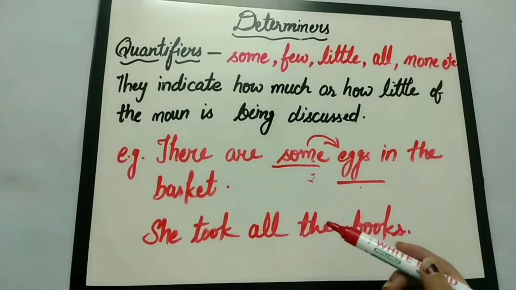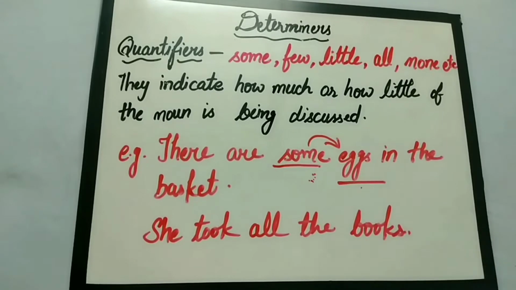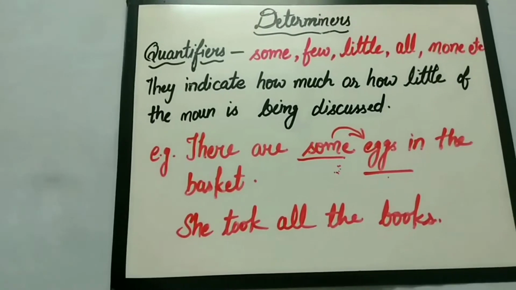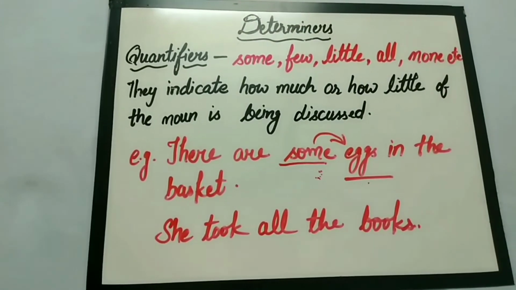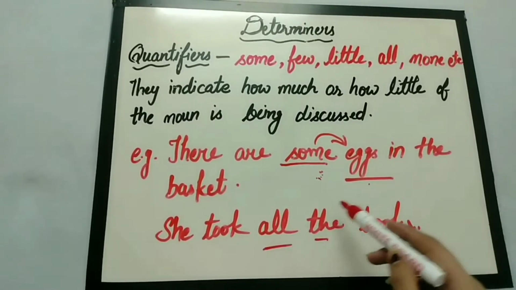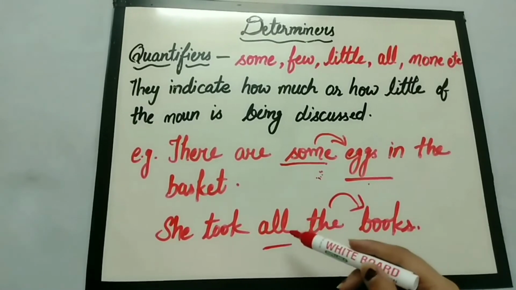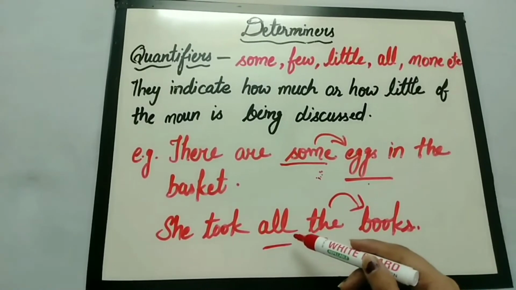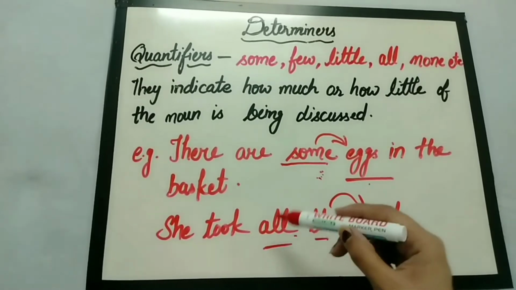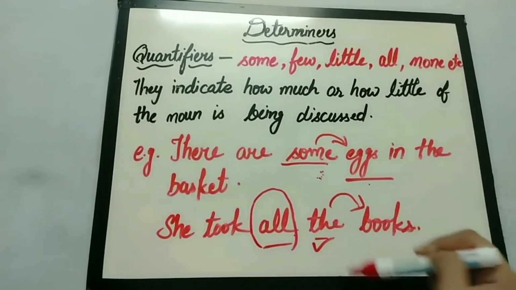And in the next example, we have she took all the books. In this, we have two determiners. One is all and another is the, because the is also pointing out the noun books. But we need to know that the quantifier all can be used with another determiner also.